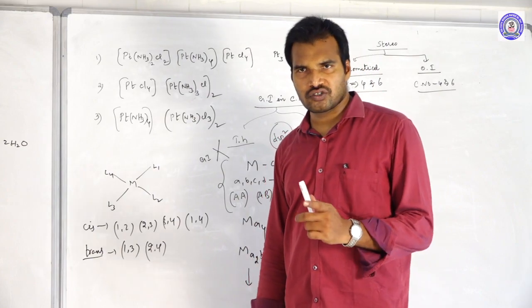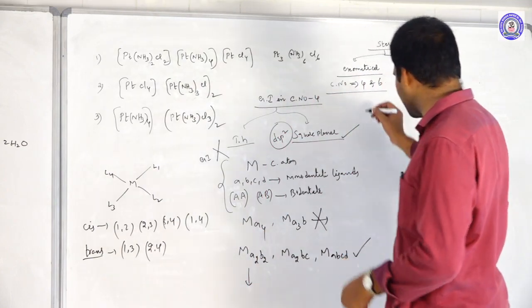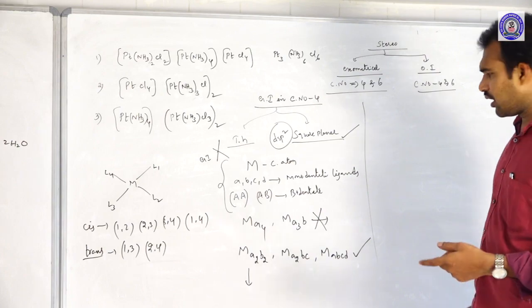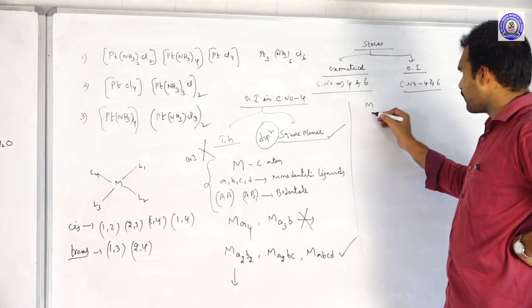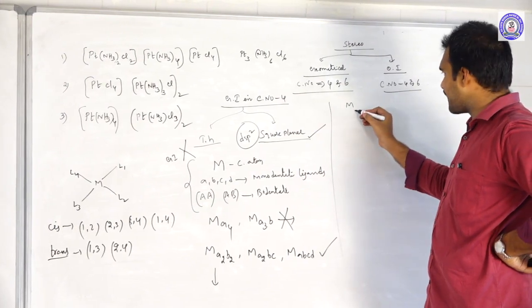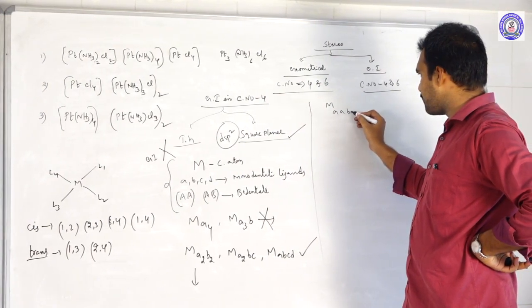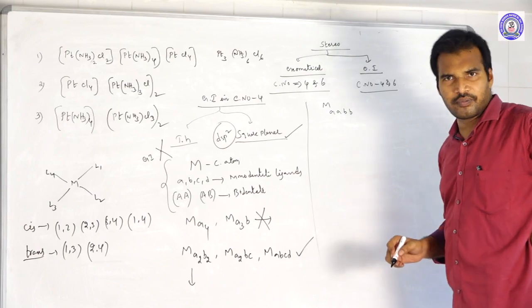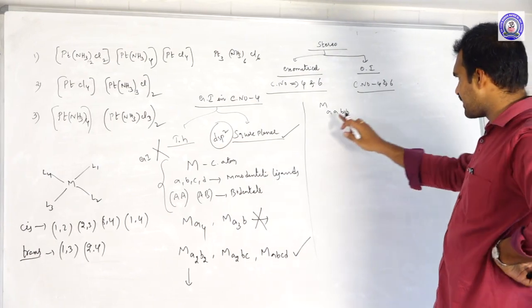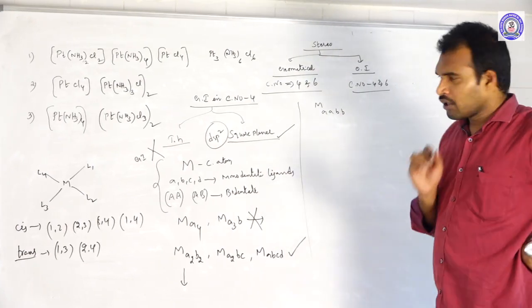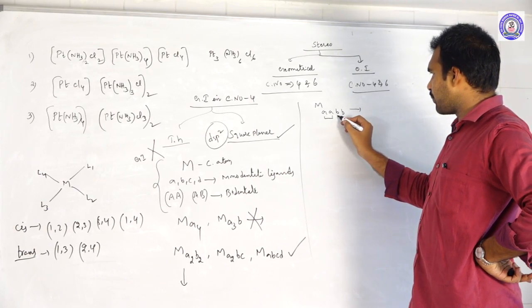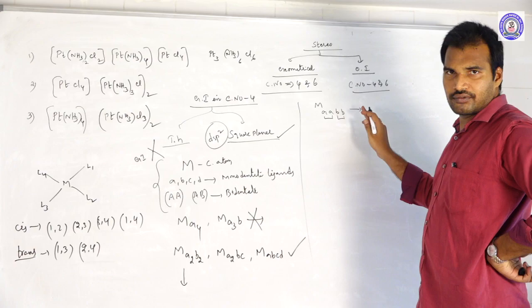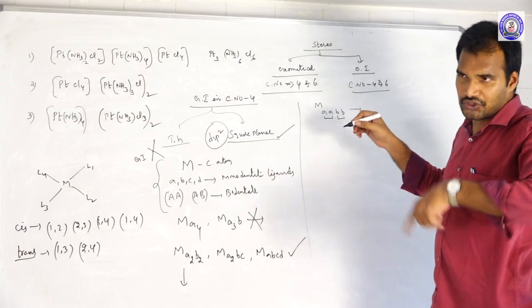How many geometrical isomers are possible? I will just give you a hint now to write the geometrical isomers. See that, I am writing Ma2B2 as AABB. First of all, this is one possibility. If AABB, I am writing trans positions, opposite.